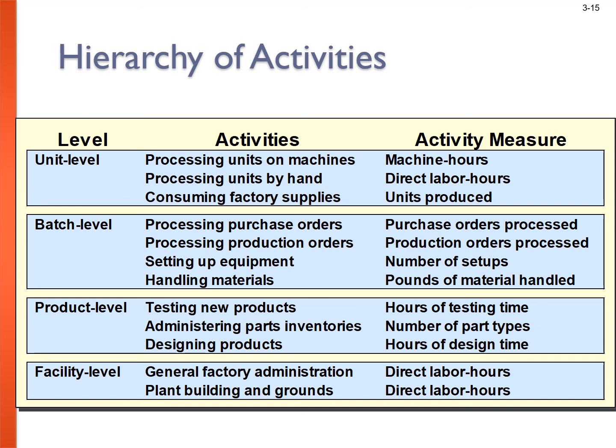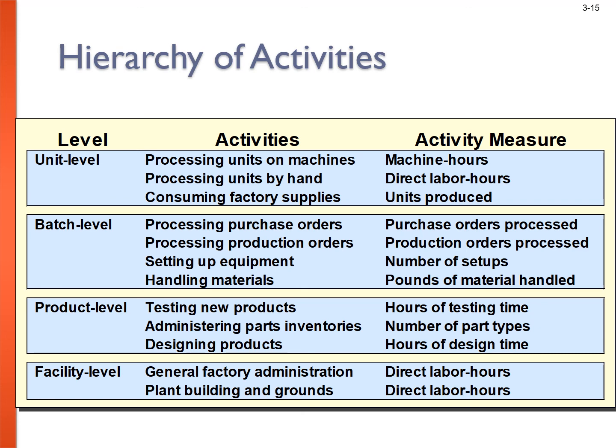Processing units on machines, processing units by hand, consuming factory supplies are some of the activities for a unit because these are performed each time a unit is produced. How much time? How many units are on the machines? How many do we have to process by hand? Okay, so how would we measure these? Machine hours, direct labor hours, or units produced.